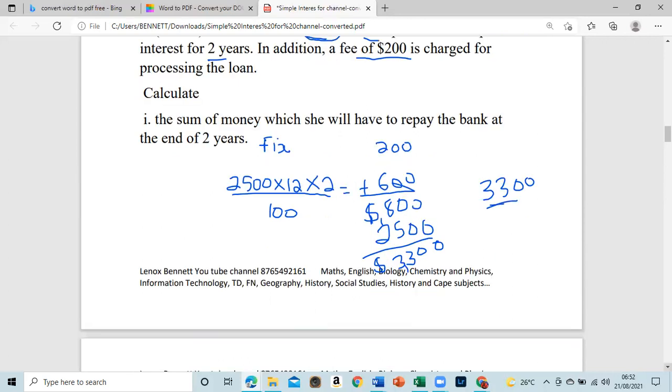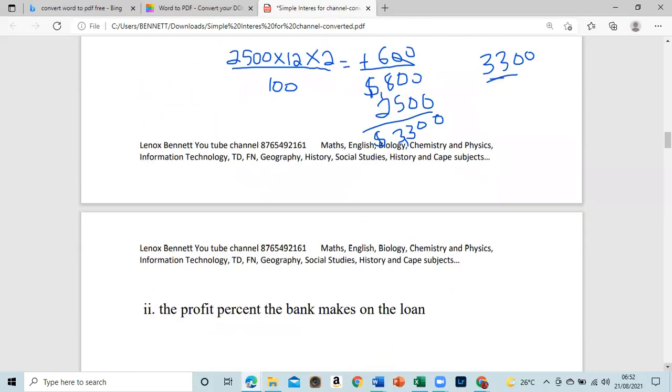So now, for the next part, they say the interest the bank makes. Like we subtract that. Profit percent, right? So it's percent, so it's 2.5, which is the initial amount, over 3,300 times 100. Let's calculate the percent.